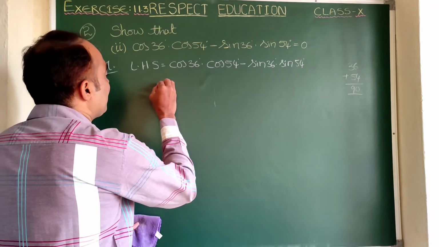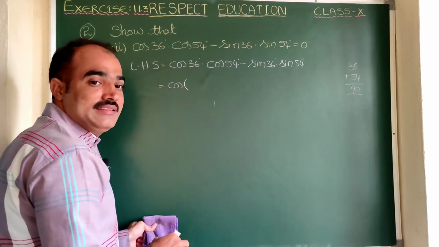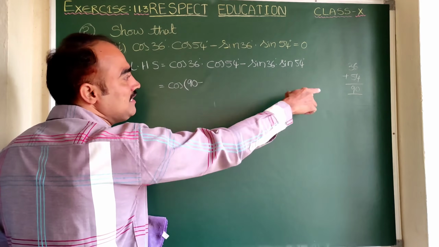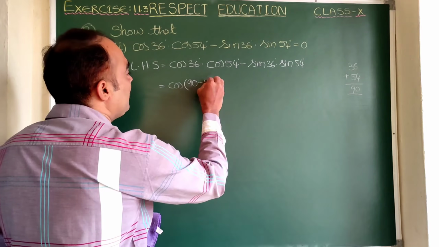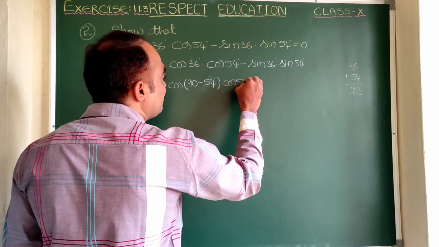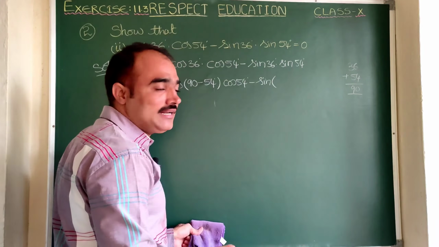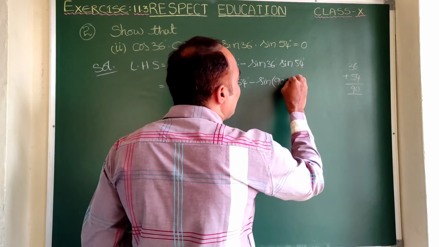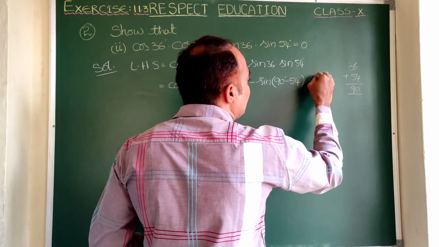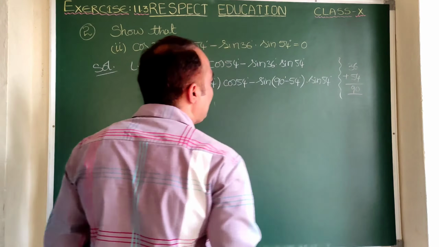Now let us write cos as it is. 36 degrees can be changed as 90 minus, how much is 36? 54 degrees. Is it clear? Yes, sir. Let us write this cos 54 as it is, minus sin. Again 36 can be written as 90 degrees minus 54 degrees, into sin 54 degrees as it is. Is it clear? Yes, sir.